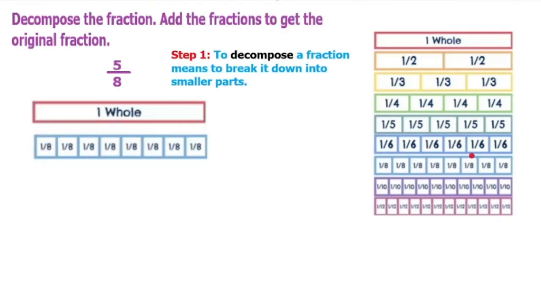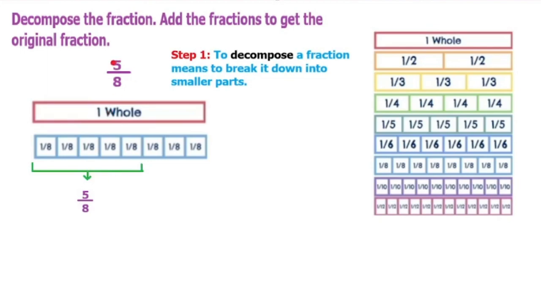So now let's look at it in terms of just the eighths. So we have one whole, and we have the whole broken down into 8 different, equal parts. And this is basically a decomposition. The whole is decomposed into 8 equal parts.